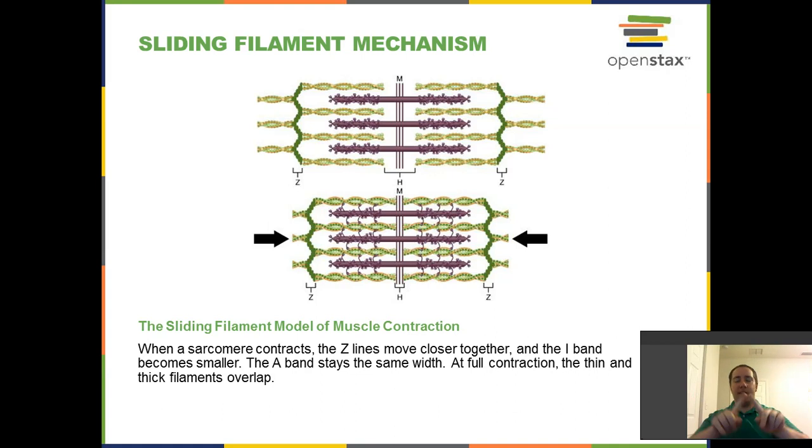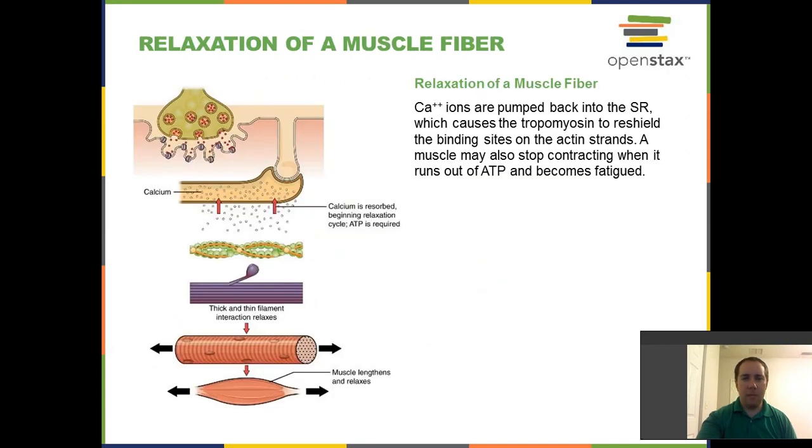The muscle itself is made up of a whole bunch of cells, and if all of the cells get shorter, then the muscle itself is going to get shorter, which is going to cause the muscle to contract. We talked about the relaxation. We said that this relaxation is caused by the calcium getting pumped back into the sarcoplasmic reticulum.